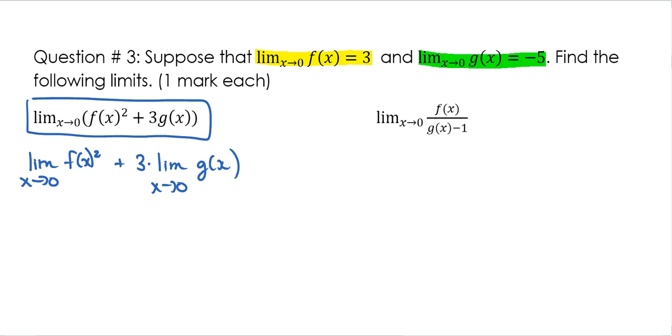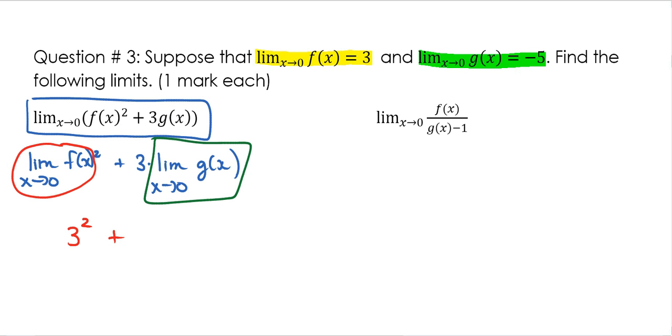And after that, you can just insert the numbers and then you should be fine. So this expression right here is simply going to be 3, so 3 squared. And this expression right here, that's simply going to be -5, so this will be 3 times -5, and that will give you a final answer of 9 minus 15, which equals -6. So that would be full points right there.